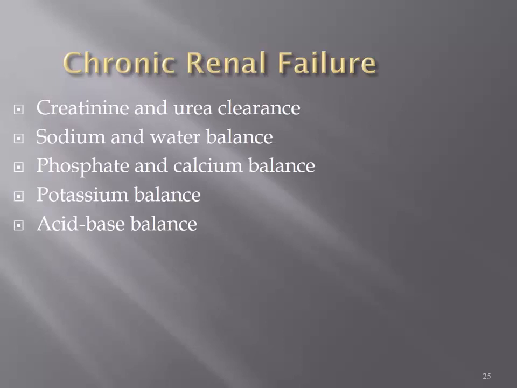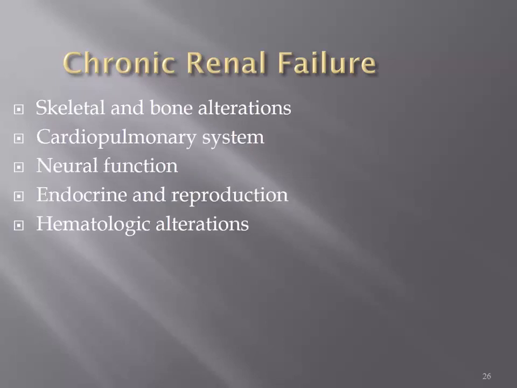Chronic renal failure can affect creatinine and urea levels, and sodium and water balance; phosphate, calcium, potassium, and acid-base balance will be affected. So how can it affect the other systems in general? Everything is pretty much affected because of sodium and phosphate imbalance.